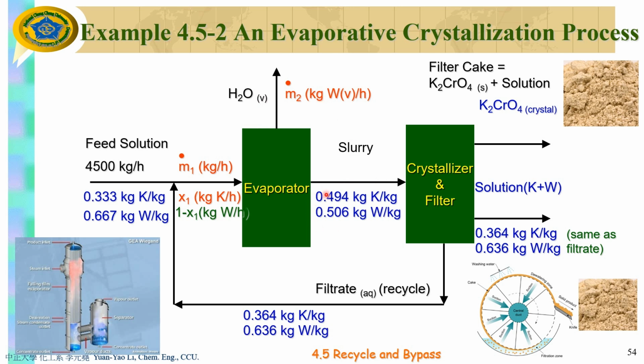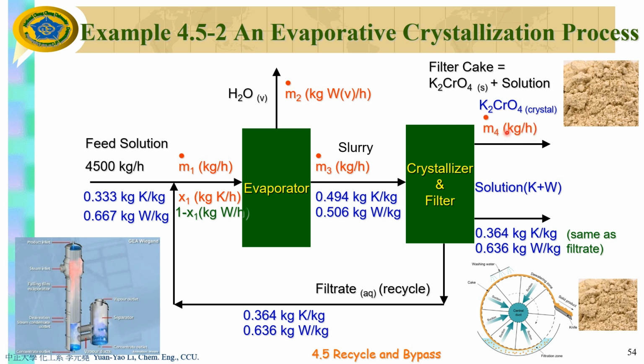Okay, and the next stream is here. You have information of the fraction for the potassium chromate and water. So now what you need to do is write down the unknown of the total mass. Okay, next. So we complete the information of this stream, and now let's go to this stream. Potassium chromate, this is pure solid, right?